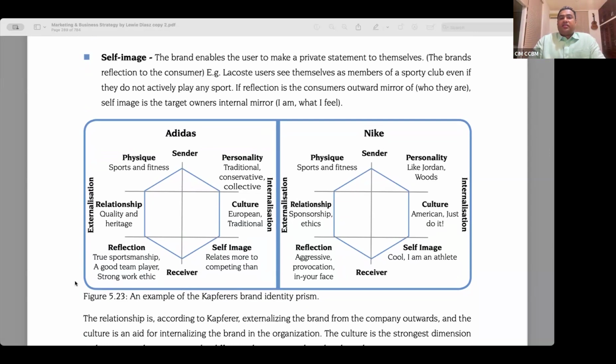If reflection is the consumer's outward mirror, who they are, self-image is the target owner's internal mirror. What do I feel? A good example here is a bit crude, but I need to talk about it. Some underwear brands, right?